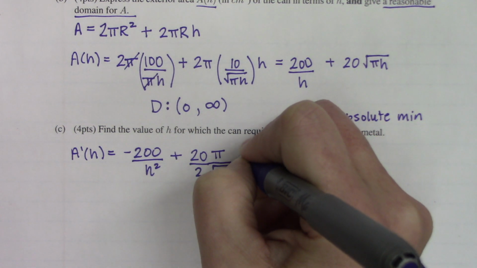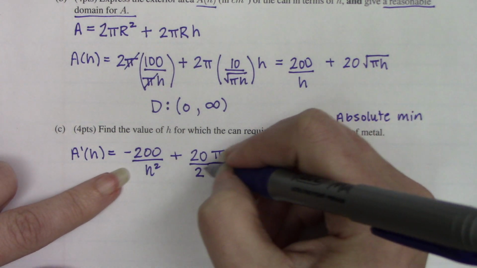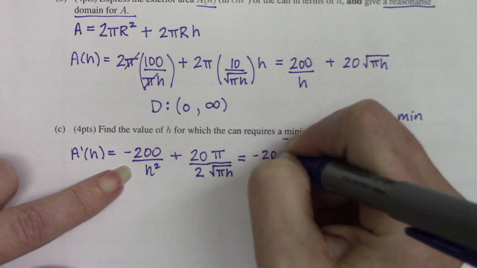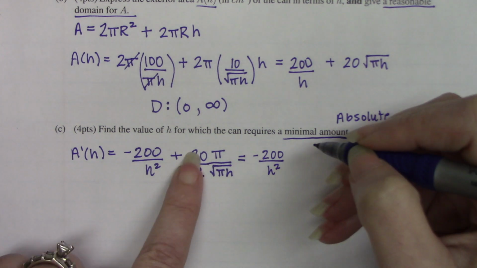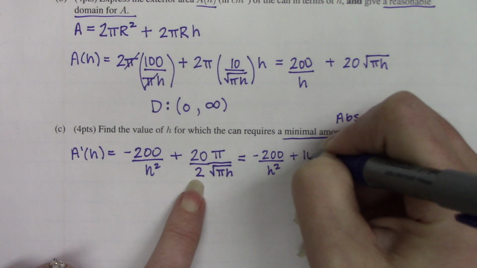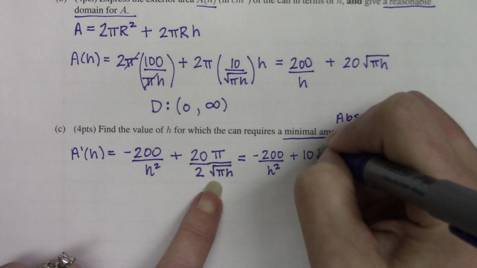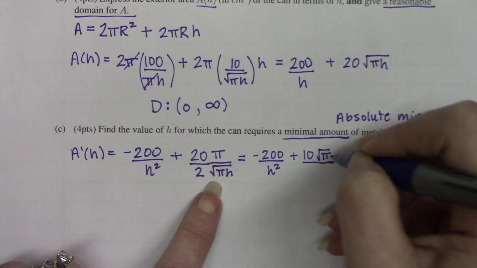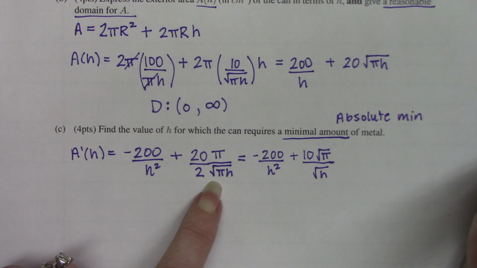Now we need to get a common denominator. But before I do that, I'm going to see if there's anything I can clean up first to make my algebra a little bit easier. The negative 200 over h squared doesn't really clean up, but over here, 20 divided by 2 is 10. Pi divided by the square root of pi is just going to be the square root of pi. And then in the denominator, we have the square root of h.